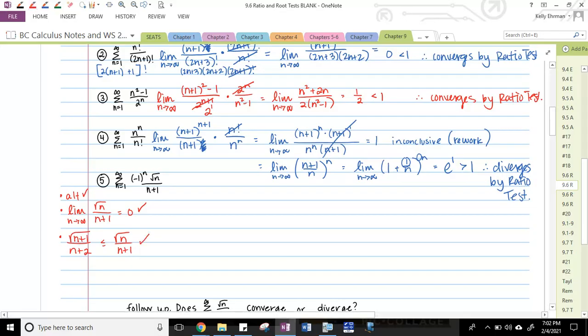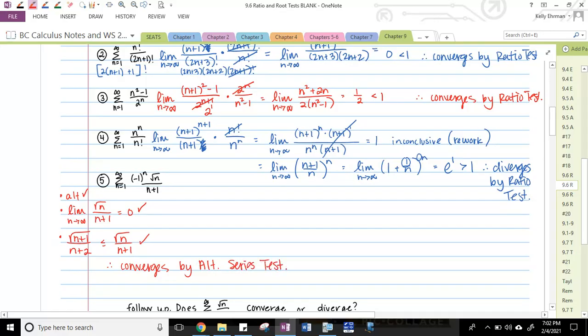But I'm going to say if I think about square root of n over n plus 1, again, those terms would need to be decreasing. Like, how could I all of a sudden get a bigger number? All right, so if all three of those things are satisfied, then I could say this converges by the alternating series test.